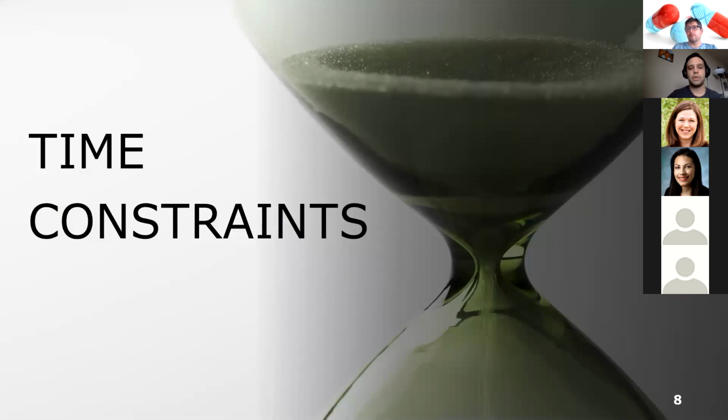So talking about time constraints, all of you can appreciate that this is a very large component of our digital and distance learning barriers, and the reason is multifold. We have time that we are supposed to be at work. We have time that we're supposed to be at home. We have our own personal goals. We have our responsibilities at work. And all of these things play into our time.